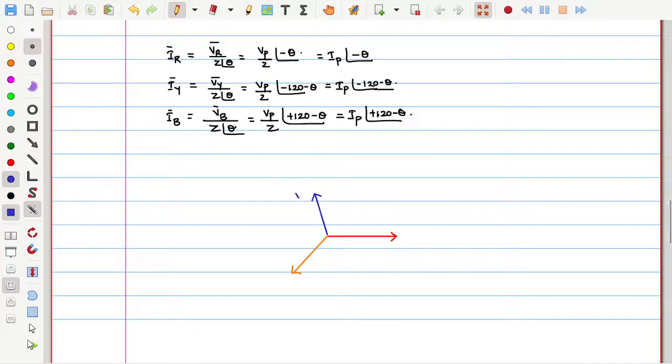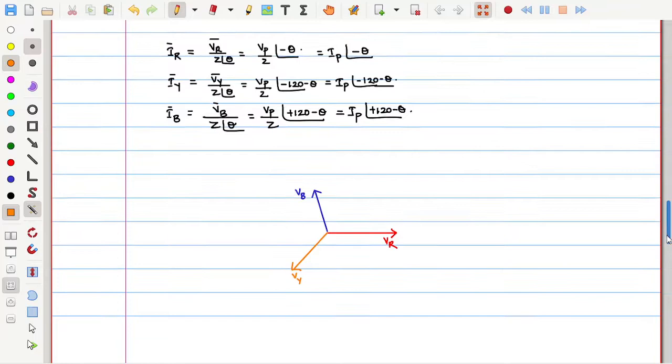Sometimes, instead of writing these notations VR, VY, VB, I will use only magnitudes, so angles are understood by default. This is plus 120, this is minus 120. These are the phase voltages.